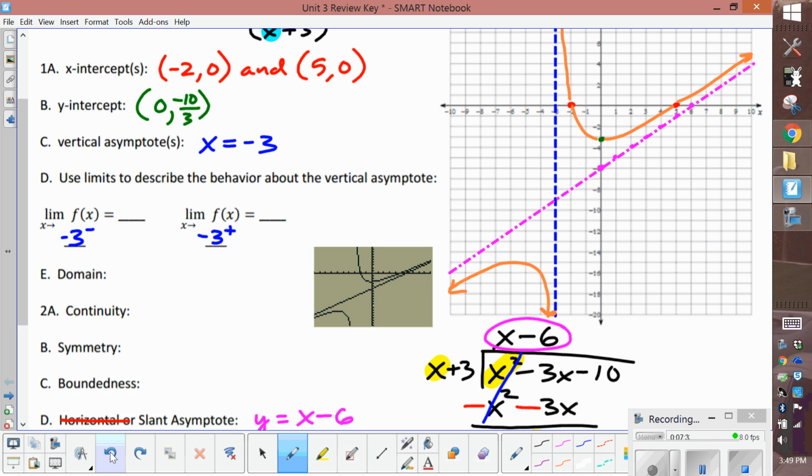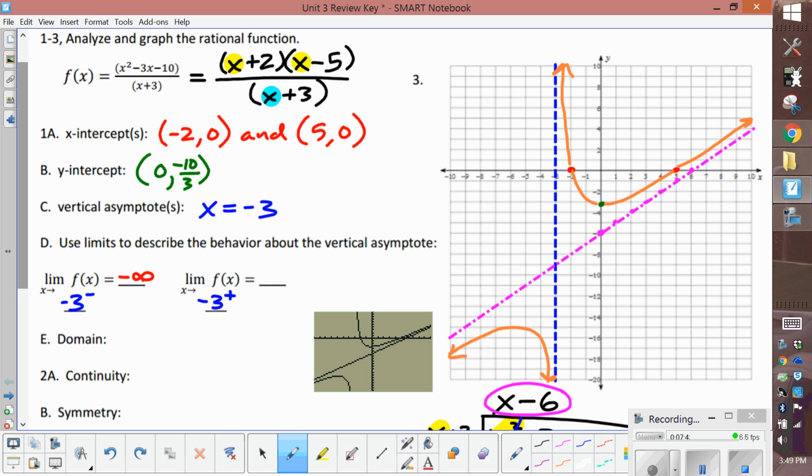So my answer here is my y values are approaching negative infinity. Likewise, as I approach the blue line from the positive direction, the closer I get, you'll notice my y values keep going up and up and up forever. So that would be positive infinity.